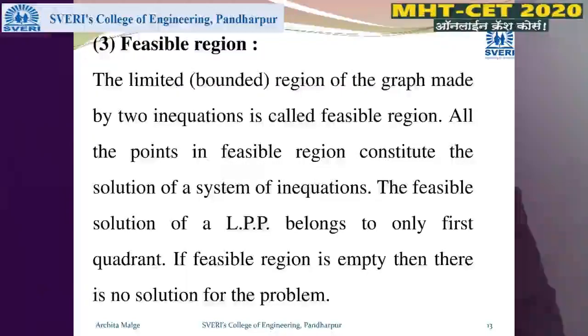Whenever those two inequations are bounded, that region is called a feasible region. All the points in the feasible region constitute the solution of a system of inequations. The feasible solution of linear programming problems belongs only to the first quadrant. If the feasible region is empty, then there is no solution for that problem.